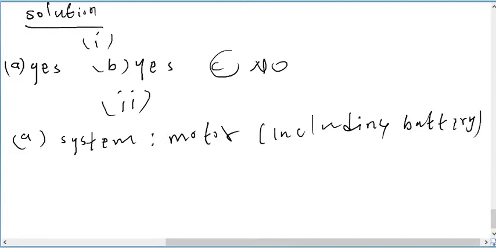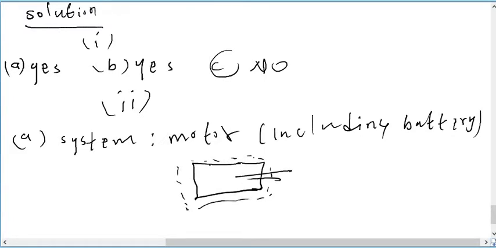Assuming this is the motor, the work done by the motor is positive, that is greater than 0.